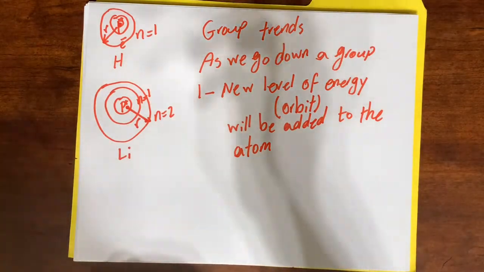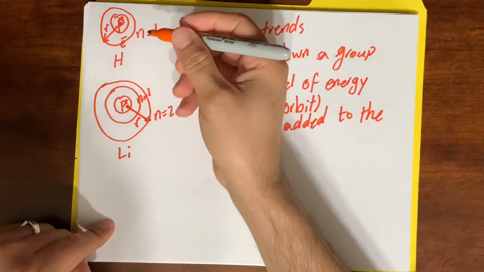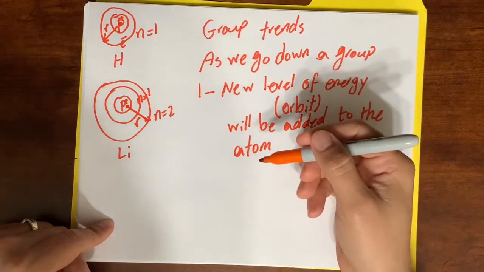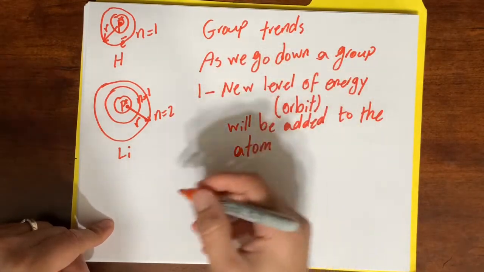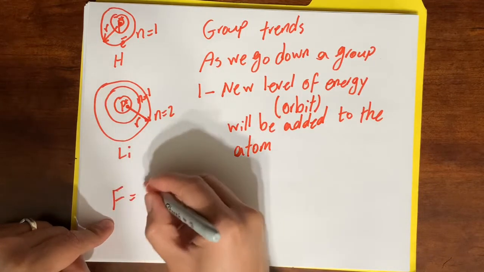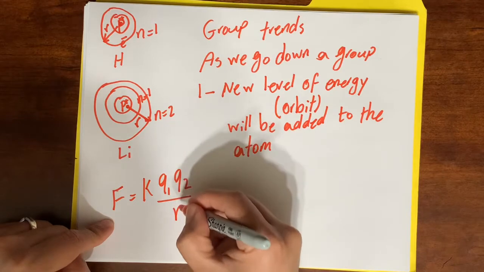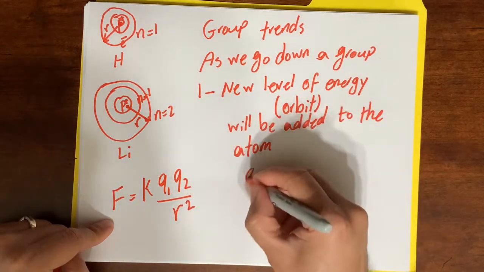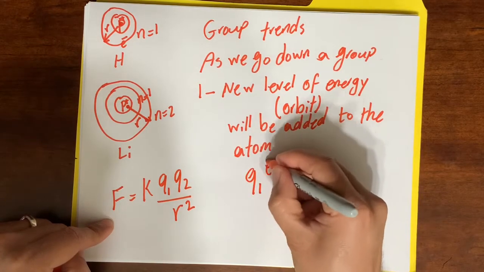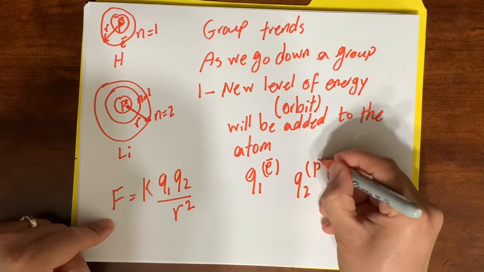So somebody can say, you forgot to talk about the protons. True that we added layers, but also we added protons, and we know that force is equal to K Q1 Q2 over R squared. Well, Q1, let's call it electron, is the last electron, and Q2, let's call it number of protons.